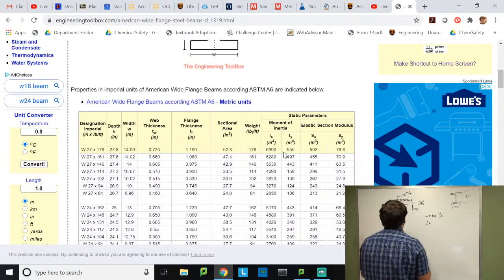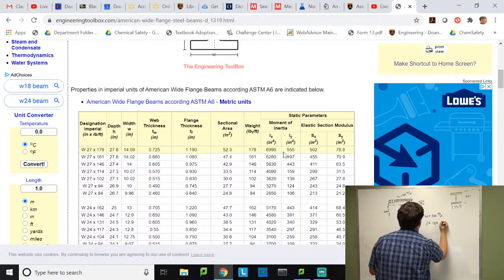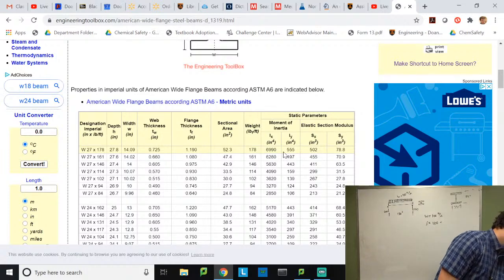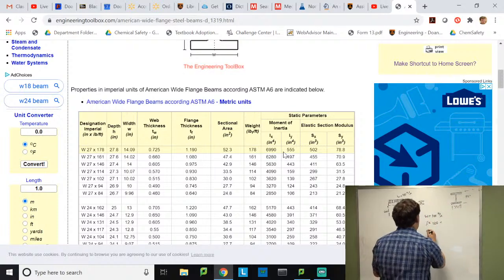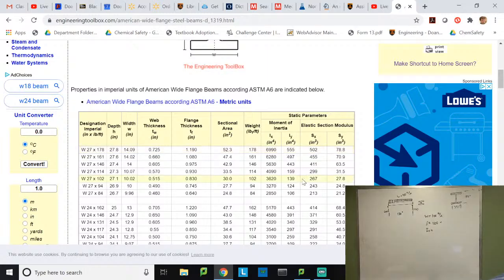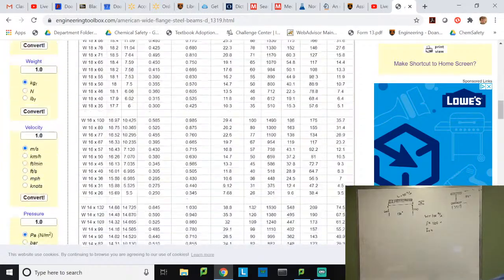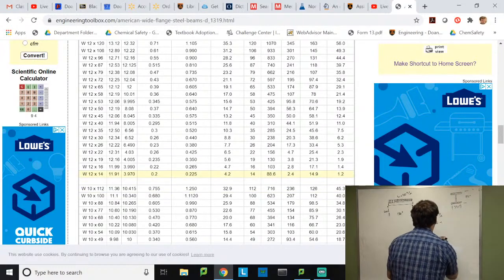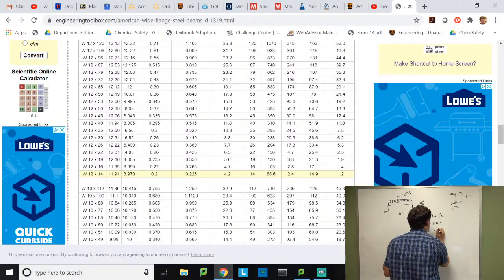I got L is equal to 120 inches. I have Ix, and I'm going to go ahead and scroll down again. Ix is equal to 88.6 inches to the fourth.